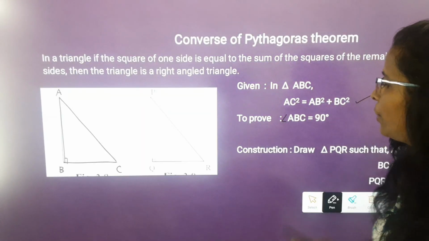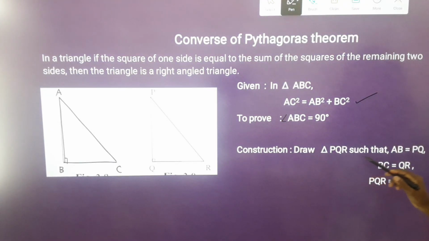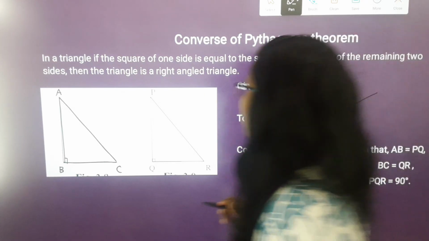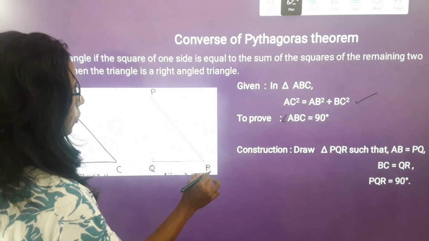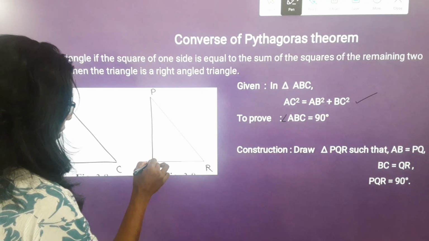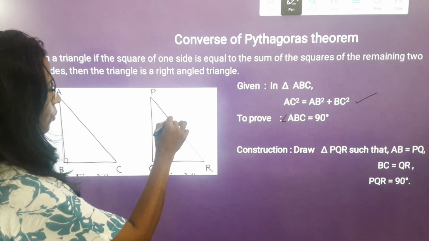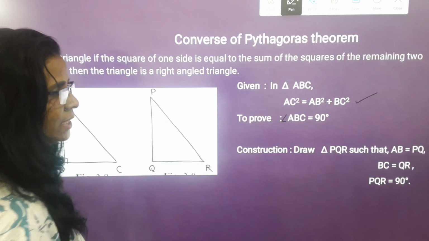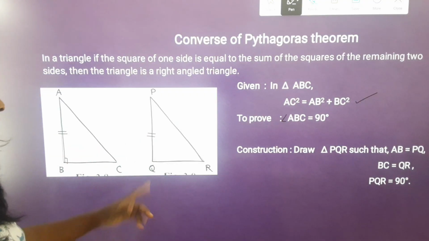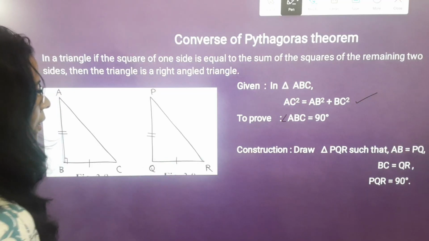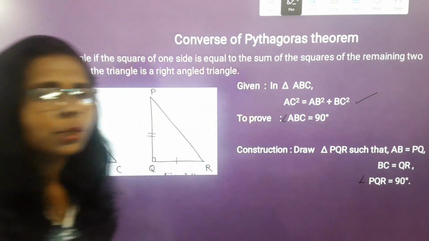So we have to construct a figure, that is, draw triangle PQR such that AB is equal to PQ, BC is equal to QR, and angle PQR is equal to 90 degrees, students.